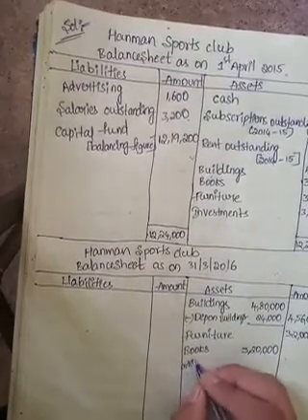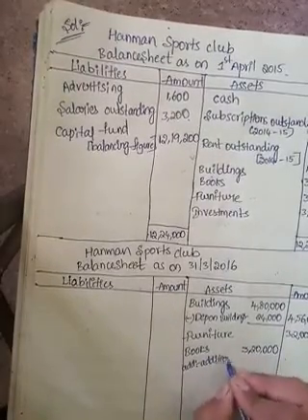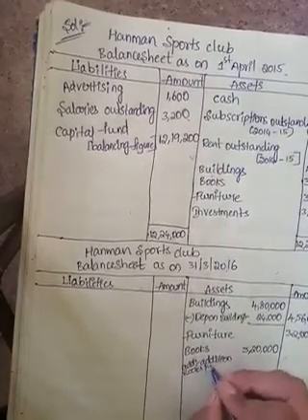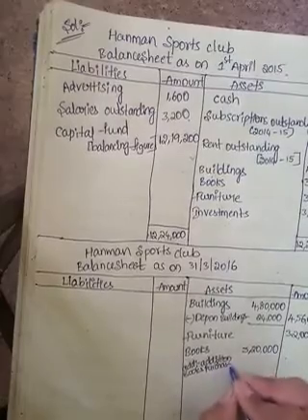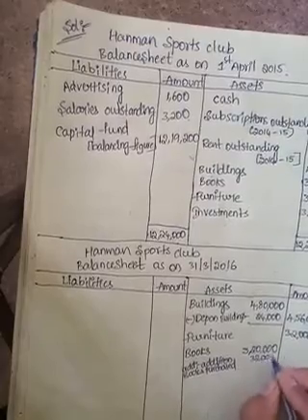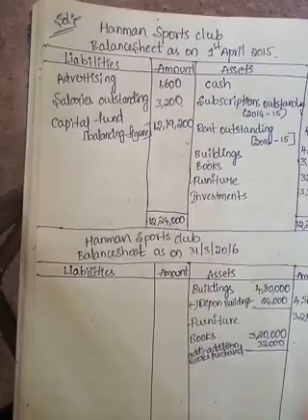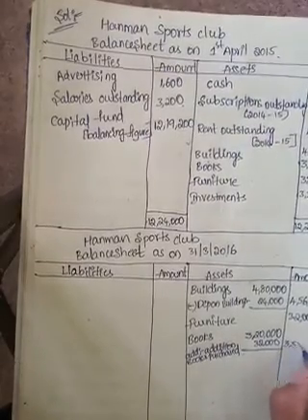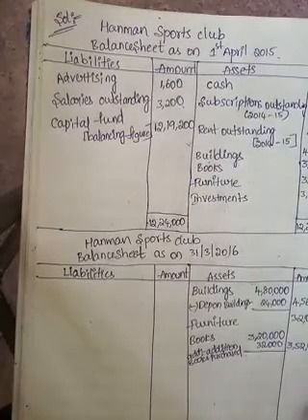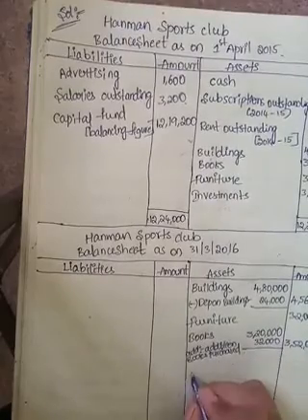Books value is 3,20,000. Addition is books purchased, 32,000. Total is 3,52,000. Okay, 3,52,000 is the books value. Next is investments.